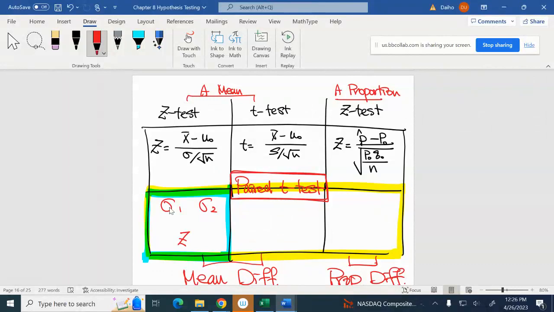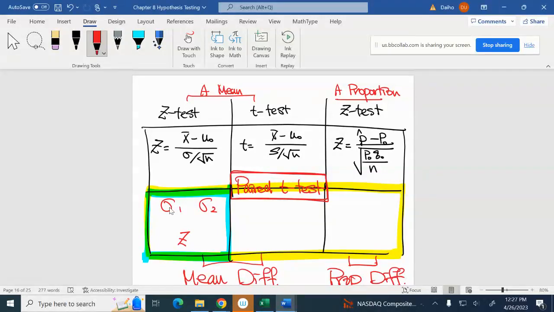So that will be the second topic today. And what will be the next? S1, S2, T, right? And the last topic will be the proportion difference, P1 hat, P2 hat, using the Z.